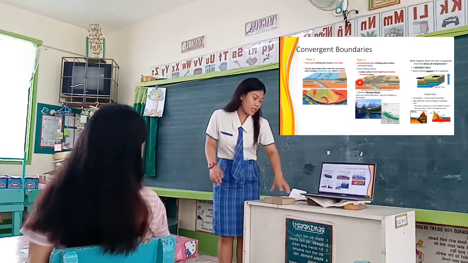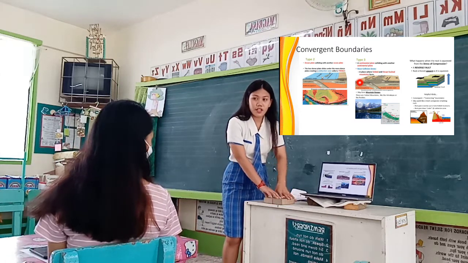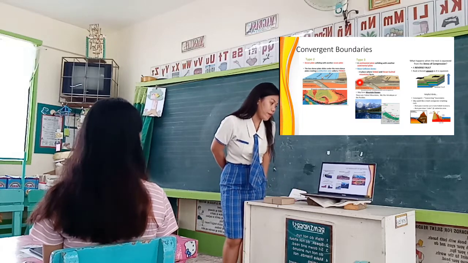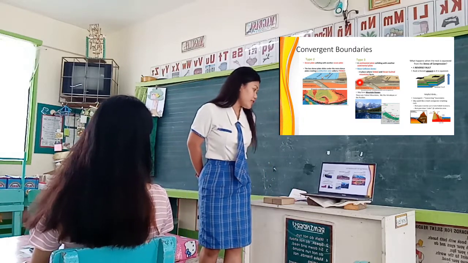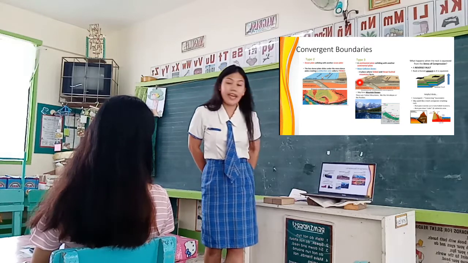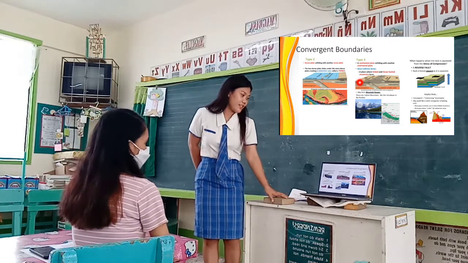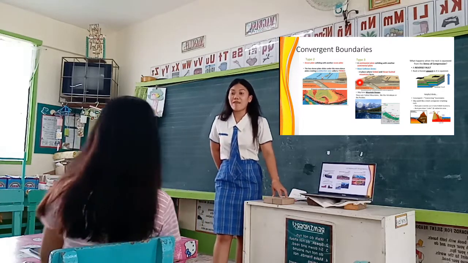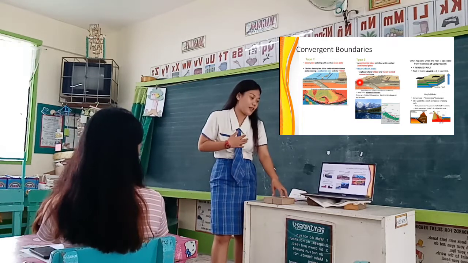So I think it is the effect of the crunching or the compression, and it may form mountain ranges. So these are the folded mountain ranges. Like, what is the famous mountain range? Himalayas. Yes, the Himalayas mountain range. I think it is the longest mountain range that formed in the earth's crust.